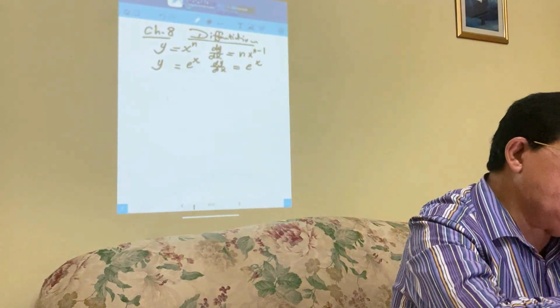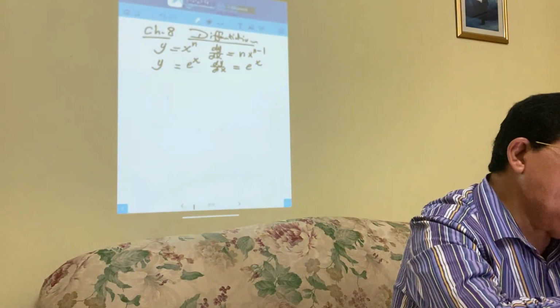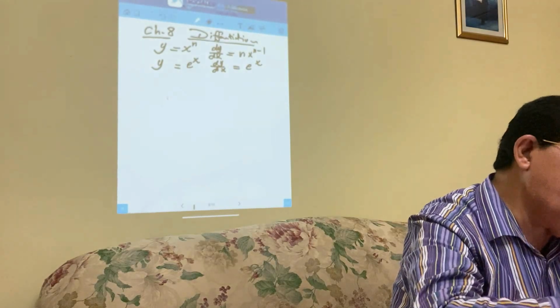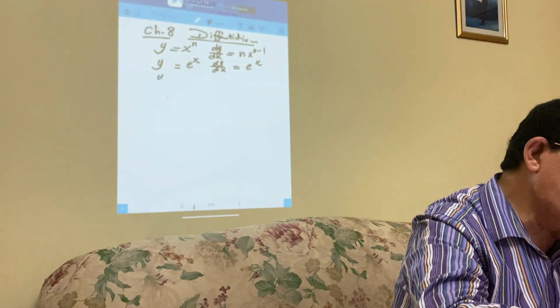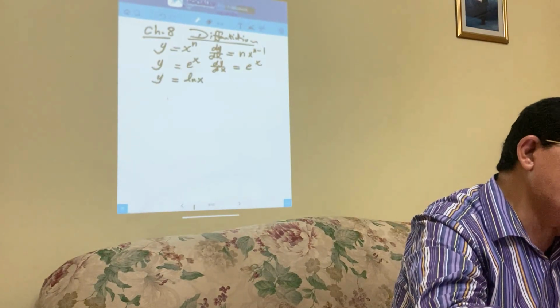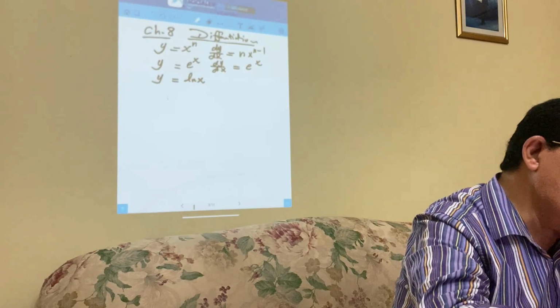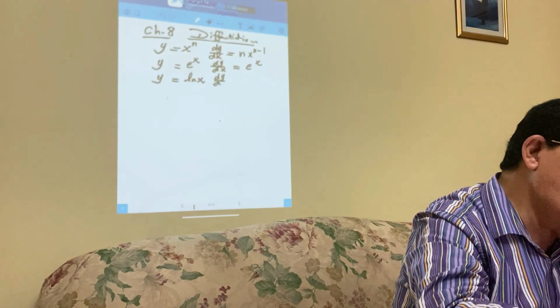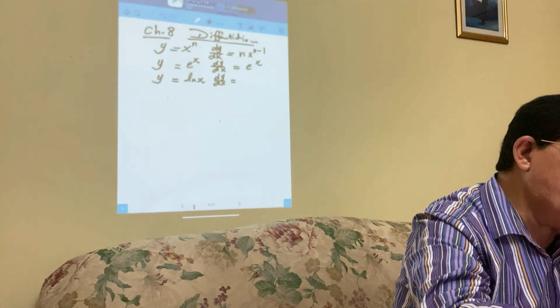And we learned that there is the inverse of the exponential function, a function called ln x, but we don't know its differentiation. We don't know what its dy by dx is.